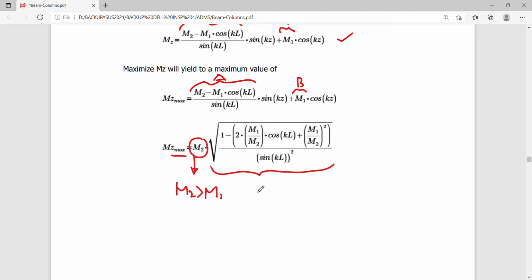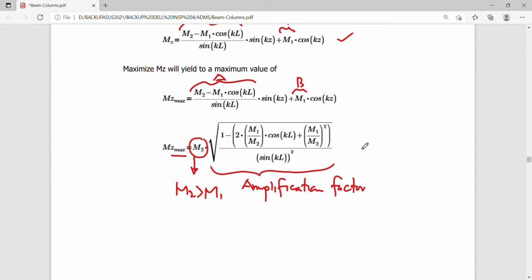As such, this is now what you call the amplification or magnification coefficient or factor in this regard, because Mz is simply equivalent to M2 at a certain point.